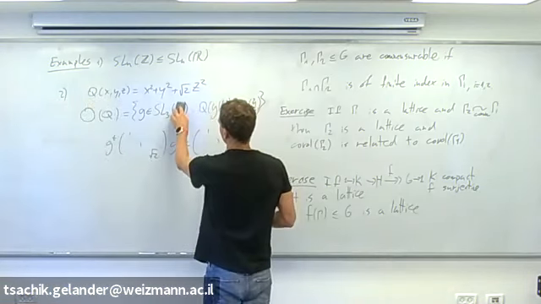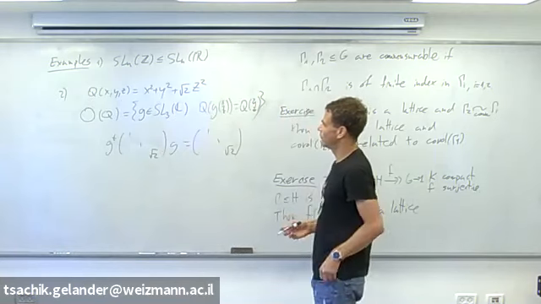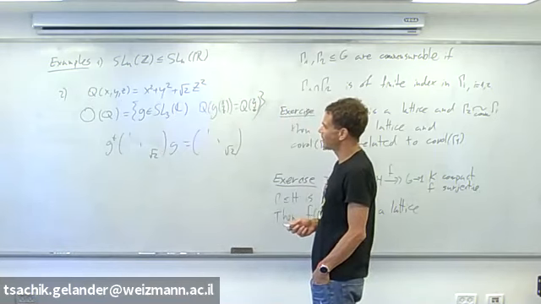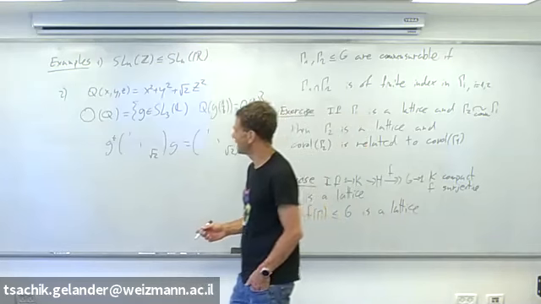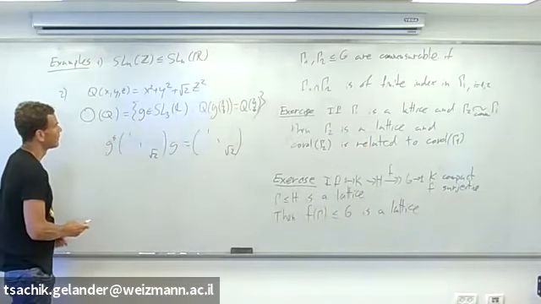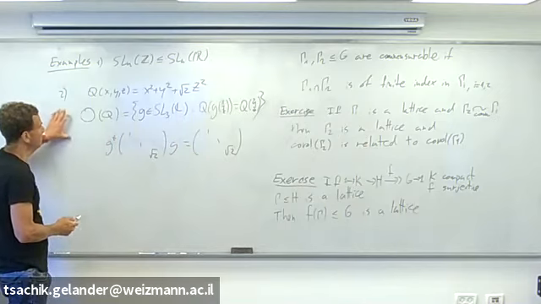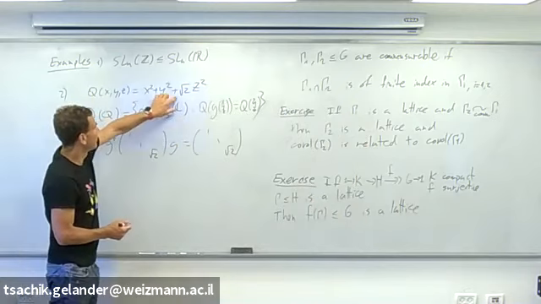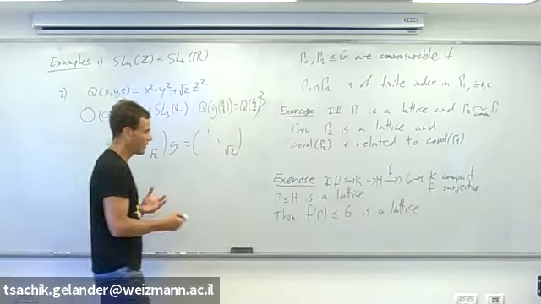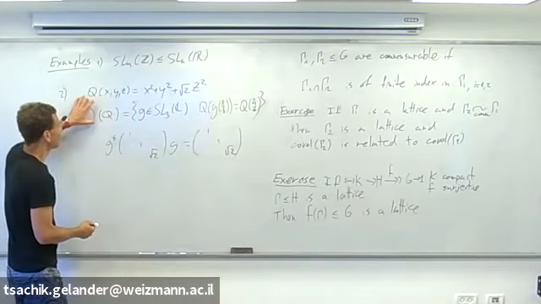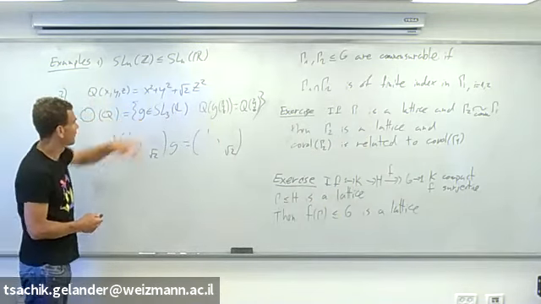Not necessarily in R, let's say. So this is an extension of degree 2 over Q. There is a procedure to view this group as a Q-algebraic group instead of a K-algebraic group.